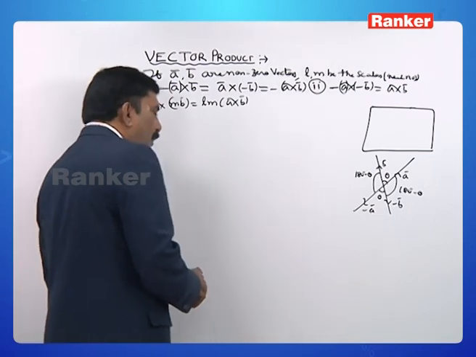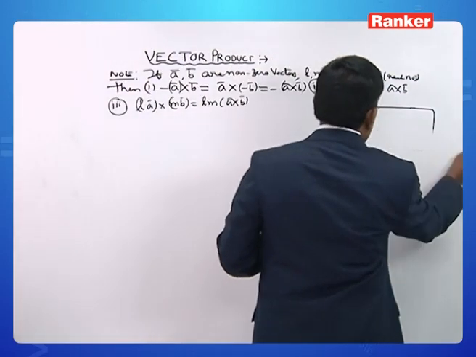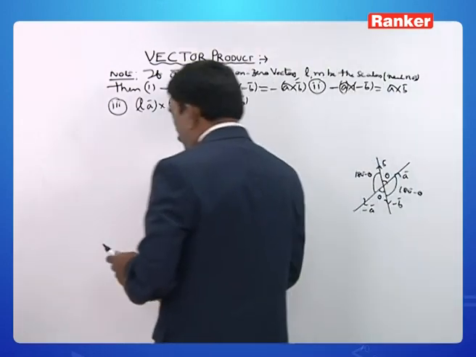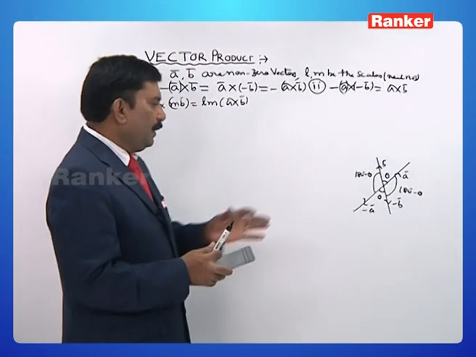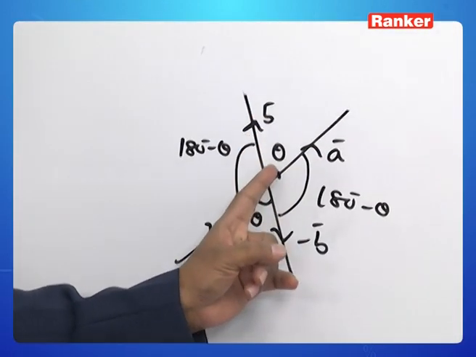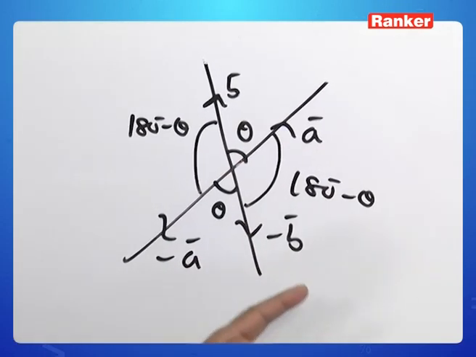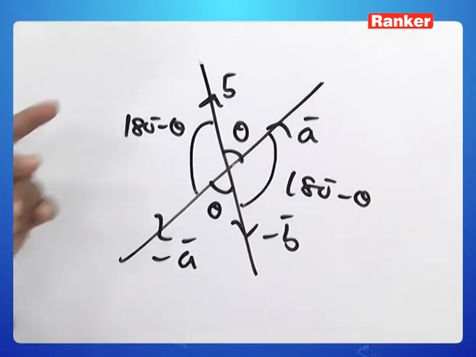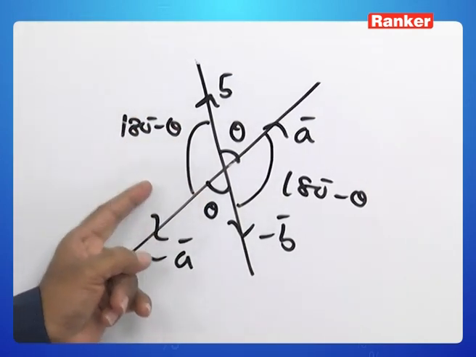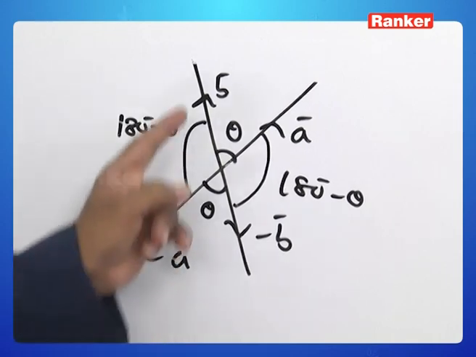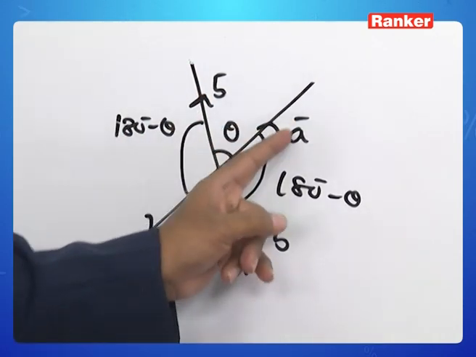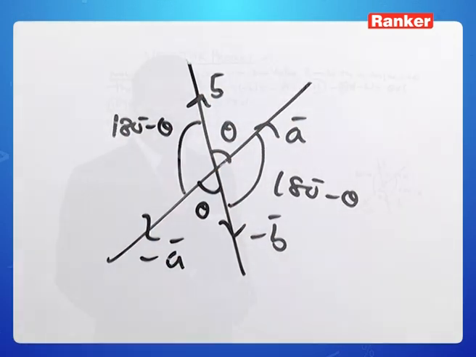In the plane, we have considered the two vectors A bar and B bar. For A bar and B bar, theta is the angle. For minus A bar, minus B bar in the negative direction, it is also theta. Meanwhile, 180 minus theta is also an angle between minus A bar and B bar, and between A bar and minus B bar.